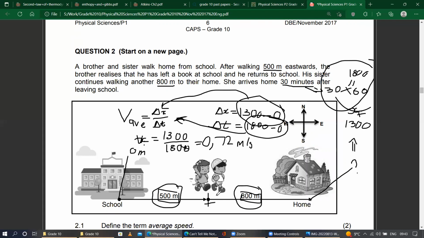That's another mark. And show that you convert the time into seconds, then that's another mark. Then this is 1 mark, and the equation itself is another mark.